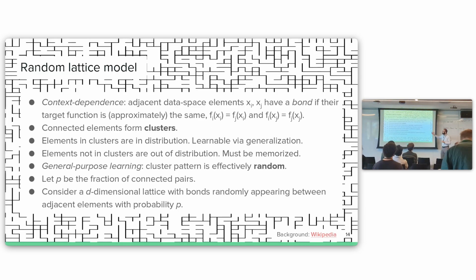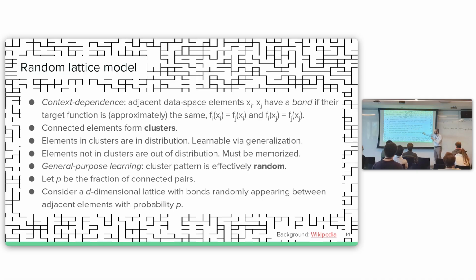And so we can already say something interesting: an element that's in a cluster is in distribution, because it's learnable by generalization from other data points in its cluster. Whereas if an element is not in a cluster, it's out of distribution because there are no other points to learn its function from. You have to just memorize its value.